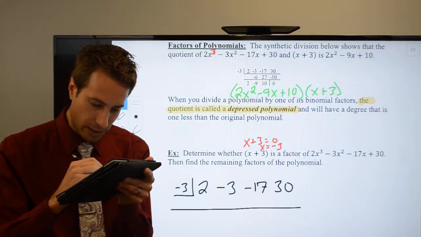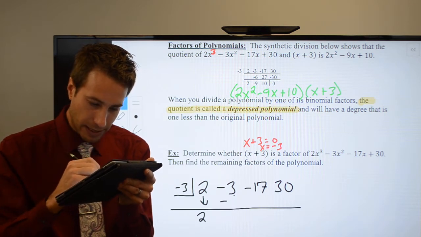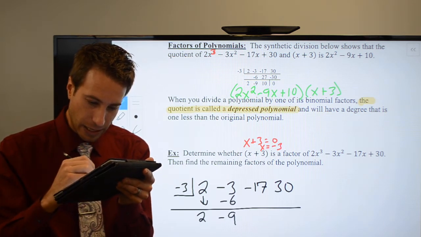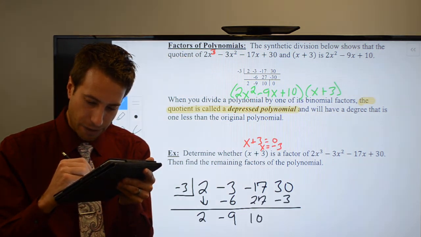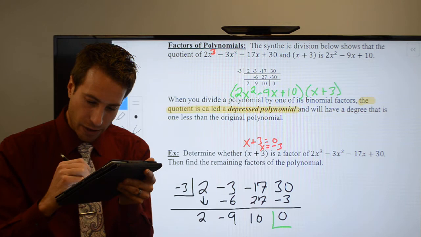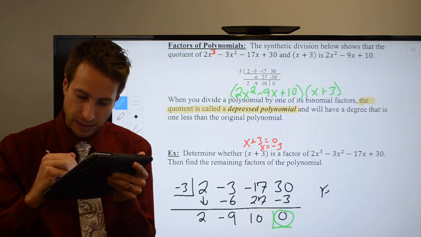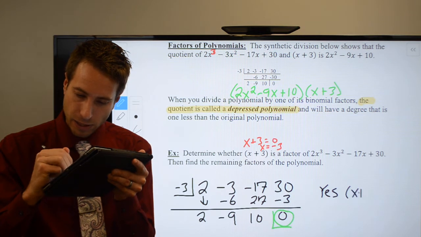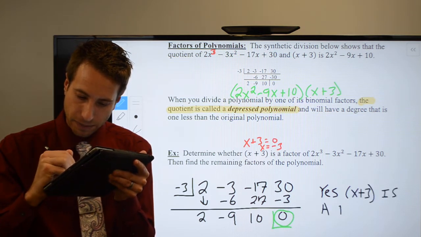We do our synthetic division: 2, negative 6, negative 9, 27, 10, negative 30. I get a remainder of 0, which tells me, yes, x plus 3 is a factor.